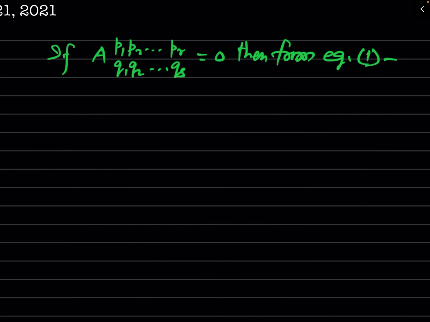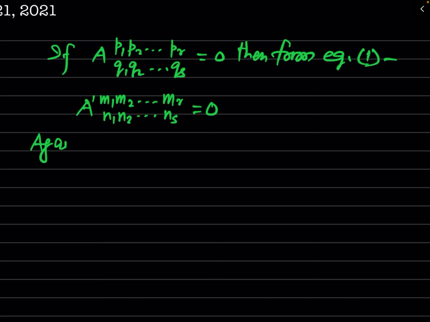Then from equation 1 you can say that A' m1 m2 so on mr and n1 n2 so on ns is equal to 0.